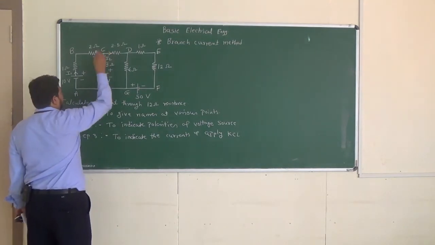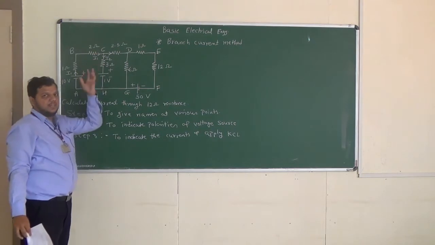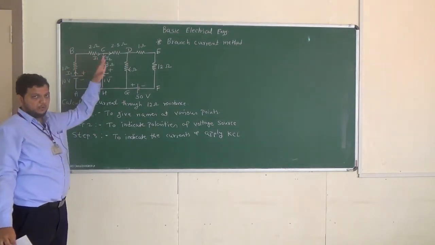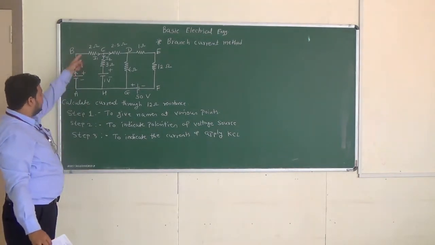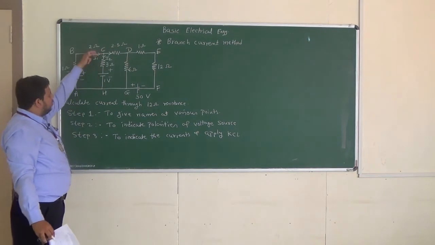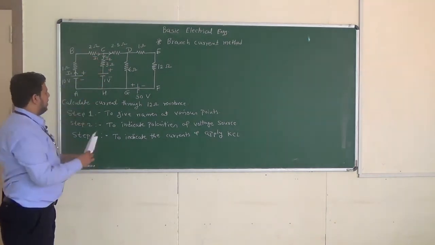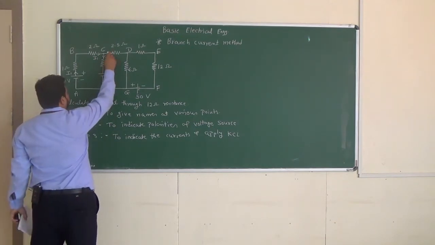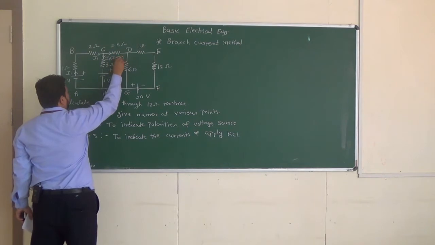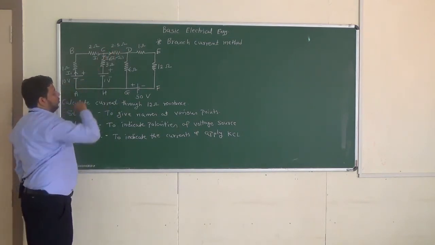If you apply KCL at node C, KCL states that the algebraic sum of incoming current is equal to the algebraic sum of outgoing current. Here the incoming current is I1, out of that I2 is flowing towards node H, so the remaining current will be I1 minus I2. I will indicate this current as I1 minus I2. This current I1 minus I2 will flow from C to D.